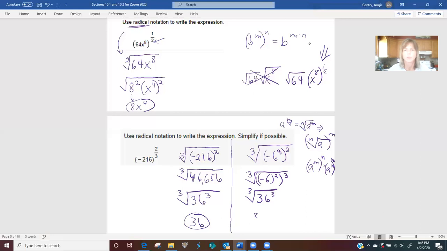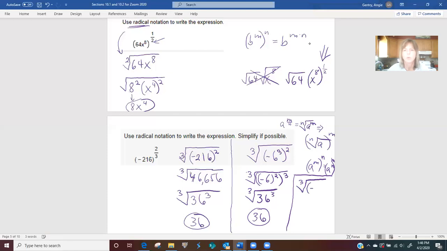And then the 36 comes out. And then the third way, if you already don't like this, if you use this rule and say, well, here the m can go to the outside, then actually that's the one I like the best. So I could go back and forth. It really depends on the problem.